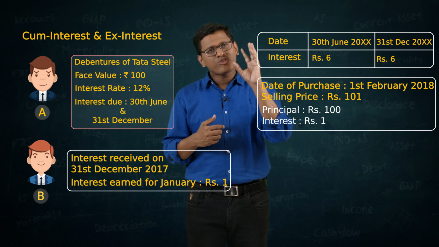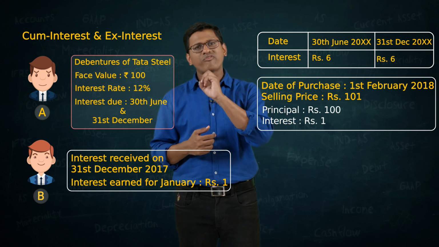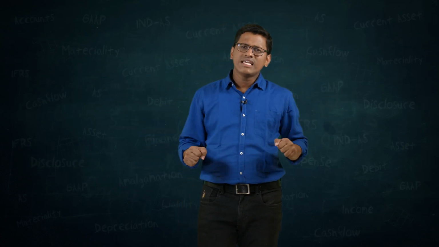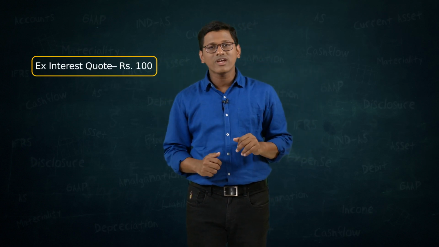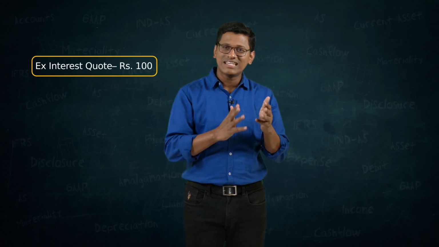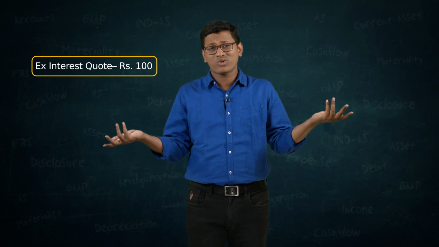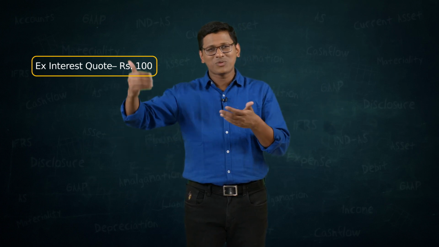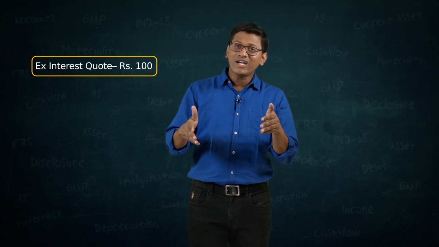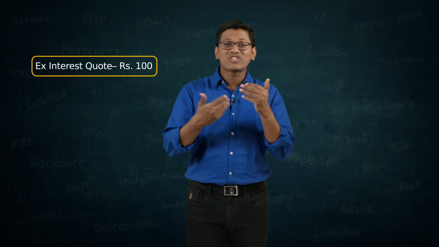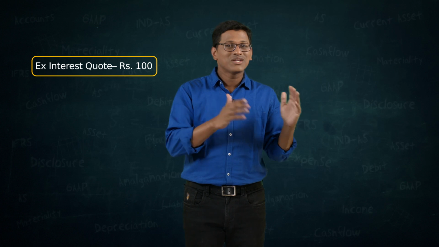What do I mean by expression? Concentrate. If your friend quotes on 1st of February, hey, my price is 100 rupees ex interest for this debenture. Because interest everybody knows how to calculate. So 100 into 12% into 1 by 12, so you know how to calculate that. So that is excluding interest.